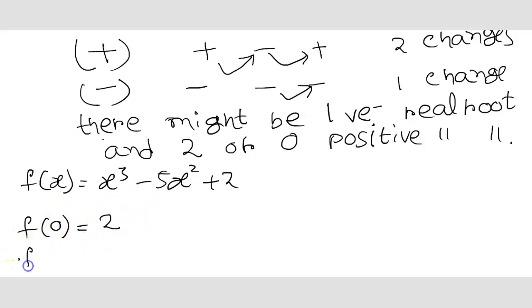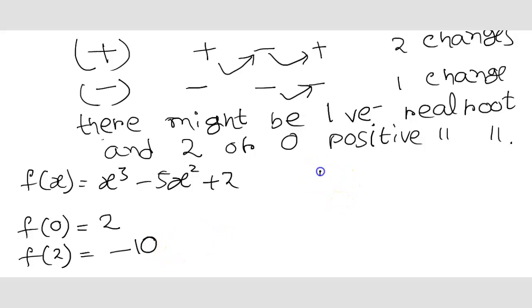And if we put x equals 2, what will be its value? 2 cube is 8, 5 into 2 square is 5 into 4, that is 20. So 8 plus 2 is 10, minus 20, that is minus 10.